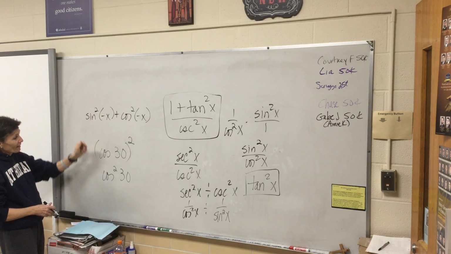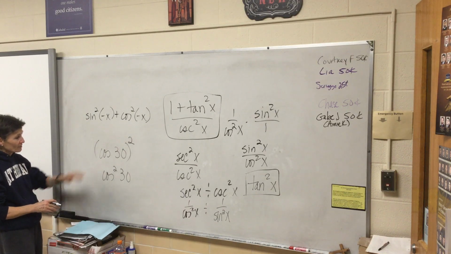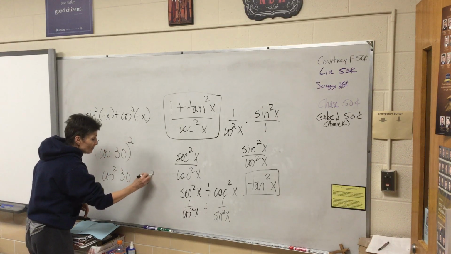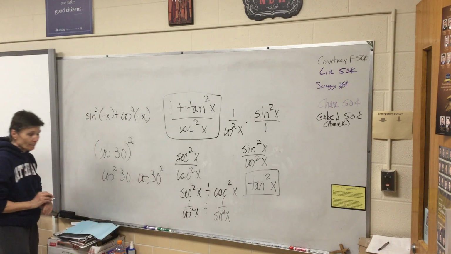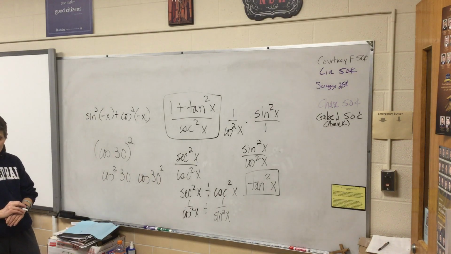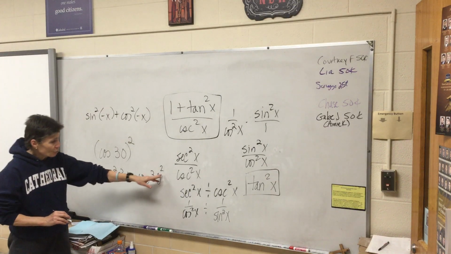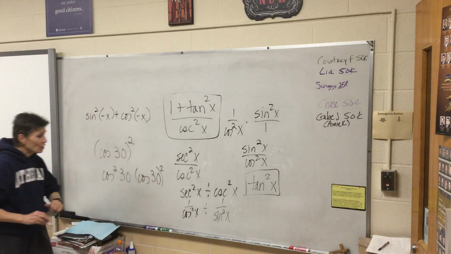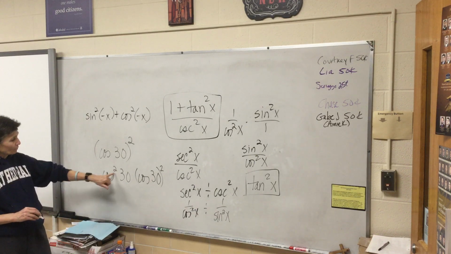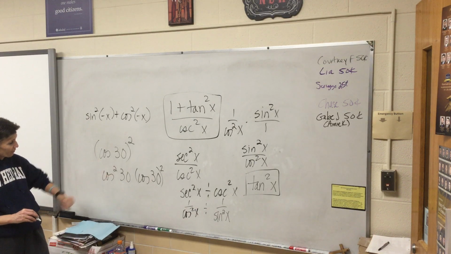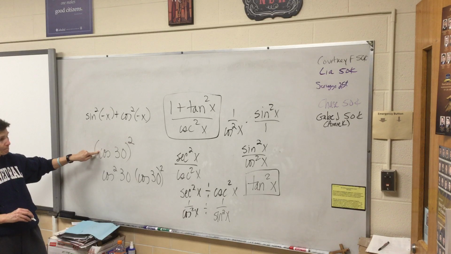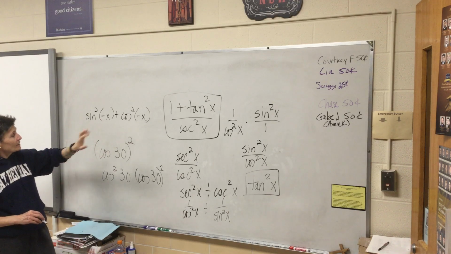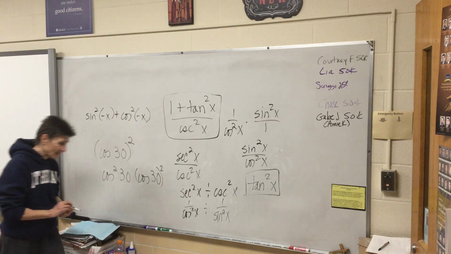We just put the squared after the function. We can't write this. Does everybody understand why it couldn't be written that way? That looks like you're squaring the 30, and that's not what we want to do. We want to square the cosine. So to make sure we're only squaring the cosine, we put the 2 on the cosine, but this is what it means. So this means the sine of negative x squared plus the cosine of negative x squared.